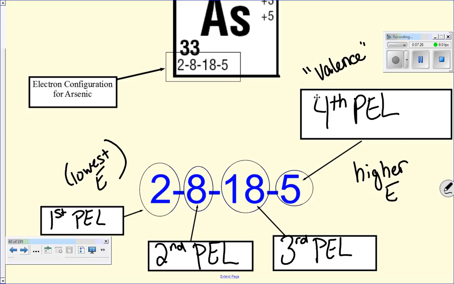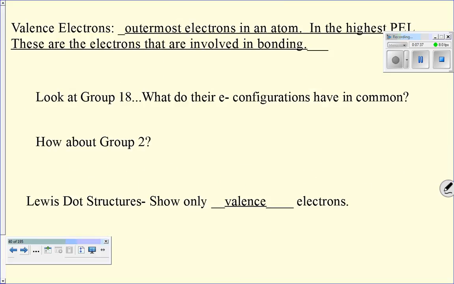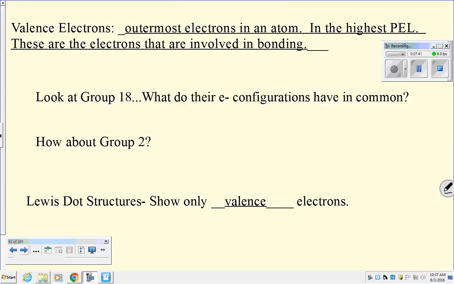It really depends on the particular atom that we're talking about. The last number in the configuration actually tells us our valence electrons. Those are really important because they predict chemical behavior. So again, valence electrons are the outermost electrons in an atom. They're in the highest principal energy level that that atom has. These are the electrons that would be involved in bonding. They can actually be gained, lost, or shared.